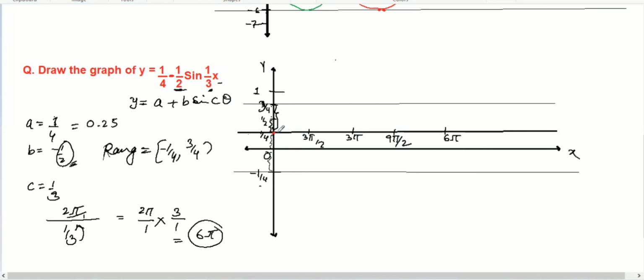From here our graph will start. So this is 3 pi over 2, it will not be here, it will be here. Then this one, and then it will be here, and then here. Draw the graph. It will reflect about the midway line as minus half is there. So this is the graph of y equals 1 over 4 minus half sine 1 over 3x.